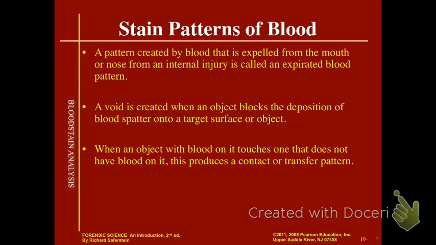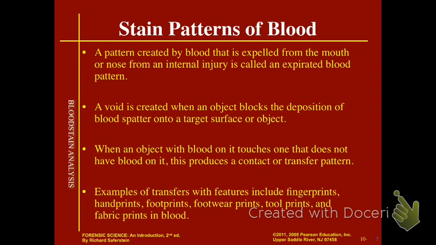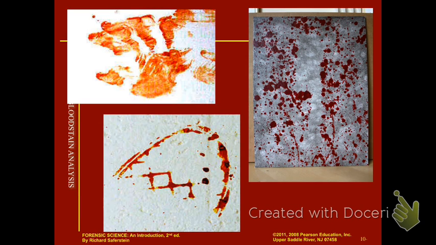When an object with blood on it touches one that doesn't, this is a contact or transfer pattern. So the blood has come into contact or transferred onto another object. Different kinds of transfer can be fingerprints, handprints, footprints, footwear prints, tool prints, fabric prints in blood. Got some examples on the next slide here.